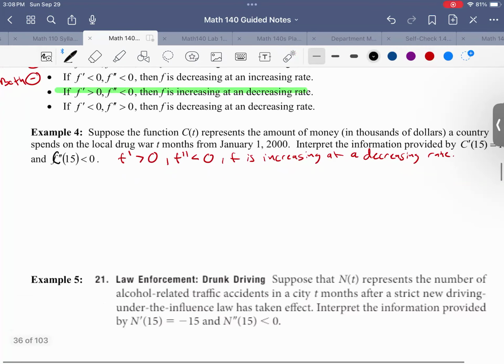So, parts: let's look at the first derivative, C prime of 15 equals 1.6. What does this mean?